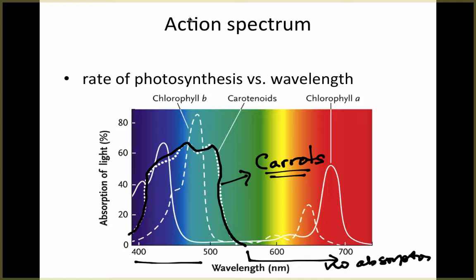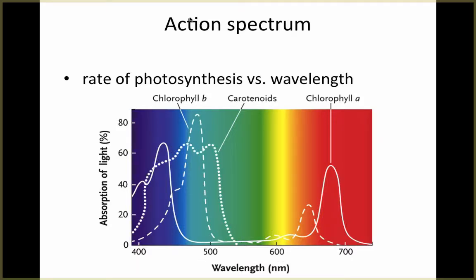Carrots are that orangey color, and it's because, as you can see here, it is not absorbing at all in this area. So you get a mixture of a little bit of green all the way through the red, so you're going to get that kind of orange feature. But it's absorbing down here.